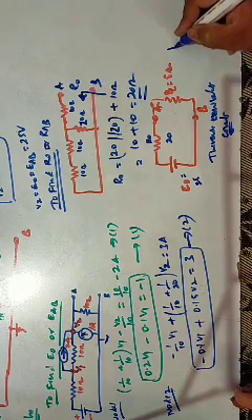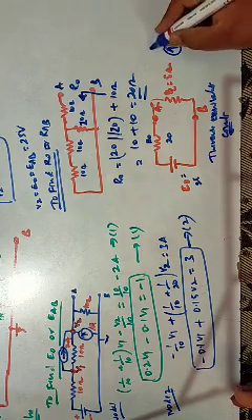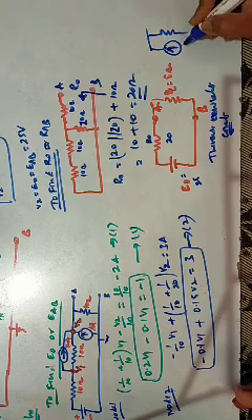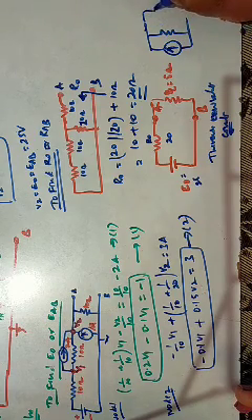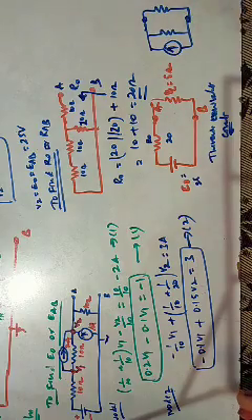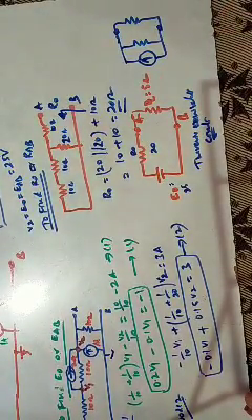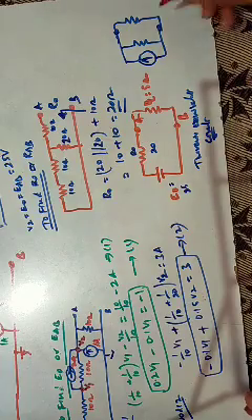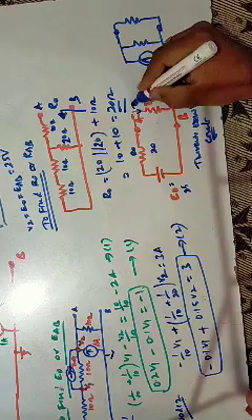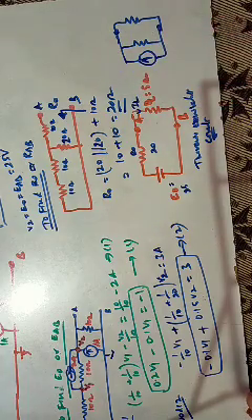To write Norton's equivalent circuit. What is the Norton equivalent circuit? You should have the current source, and this resistance is in parallel, and this is the load resistance which is parallel. This is Norton's equivalent circuit. We know that RL is given, and the current here is the current IL.